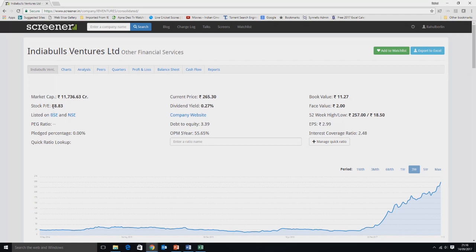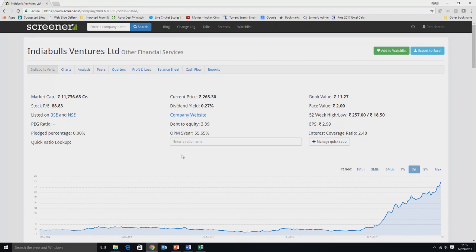And the people are expecting a PE of 88%. Means people are expecting it to grow 88% per year. Debt to equity is greater than 1, which is 3.39. And interest coverage ratio is less than 3.